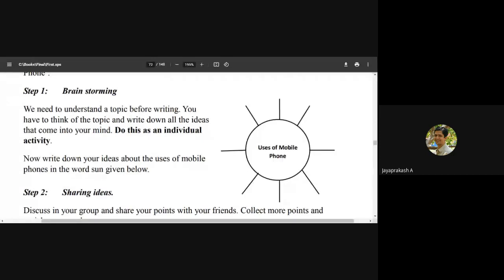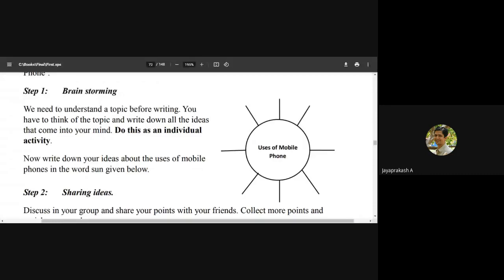What does it look like? It looks like a sun. Yes, Sri Lakshmi PN, it has the shape of a sun. The topic is written in the center of the sun, and there are some rays pointed outwards. Those rays will be the ideas that we note down around the sun.